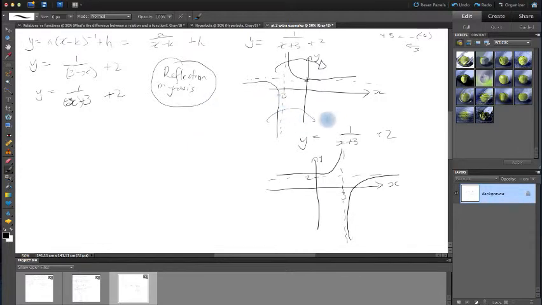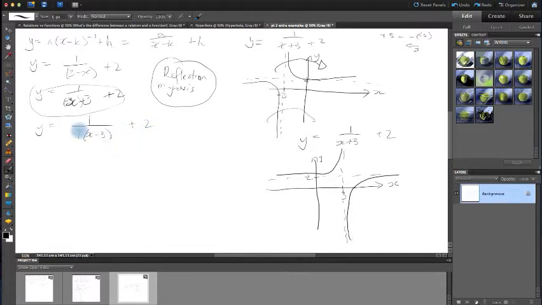Now, there is another way to do this apart from doing 2 graphs, and that is using a bit of clever algebra. So if we go back to our equation over here, what we can do is take out a factor down the bottom. So if we change it to this, we'll take out the negative 1, and we've got x minus 3, plus 2.